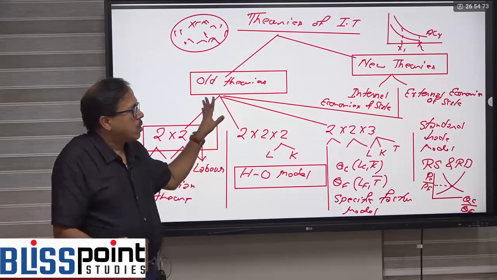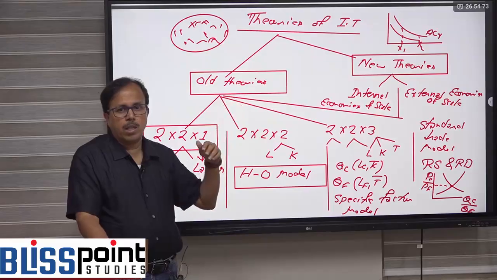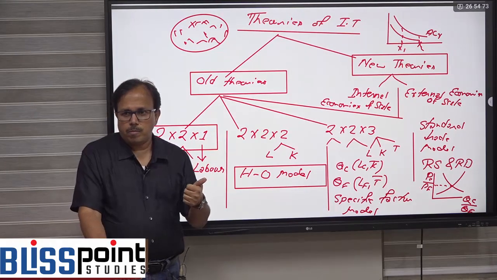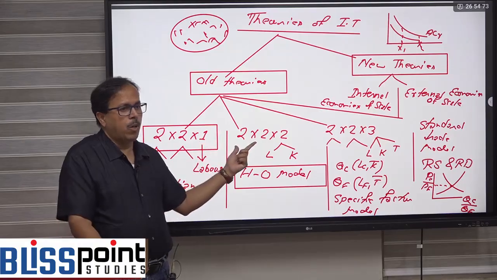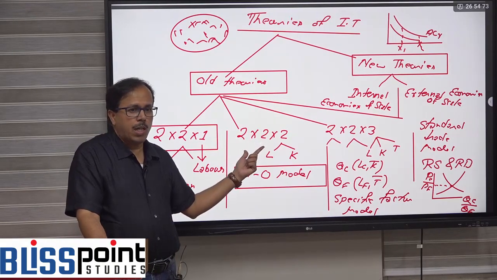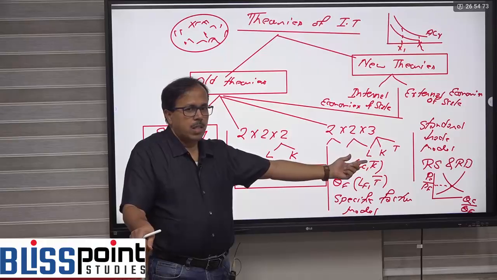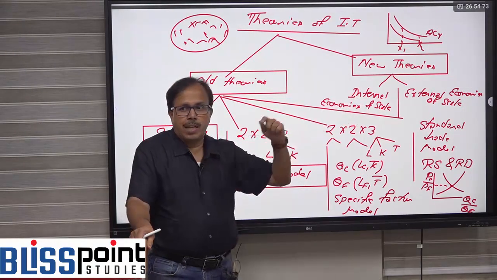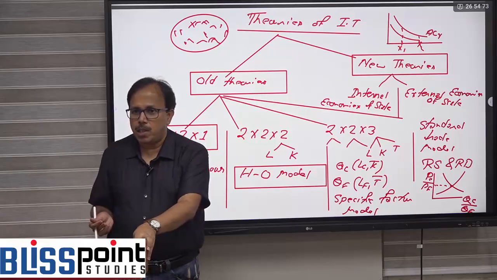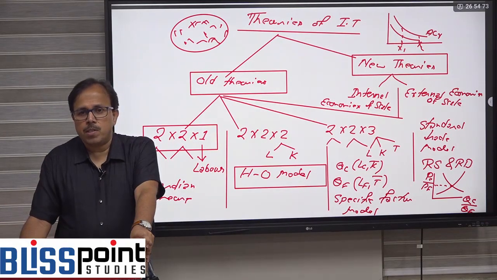See, what we are going to study here is what are the reasons for trade. Why do countries trade? So countries trade because productivity is different. They trade because resources are different. They are trading also because some factors are specific. They are trading also because some goods realize the benefits of internal economies of scale. Some goods realize the benefits of external economies of scale.